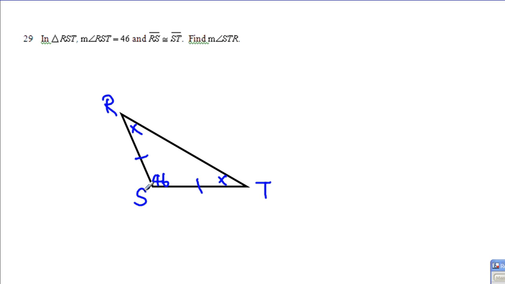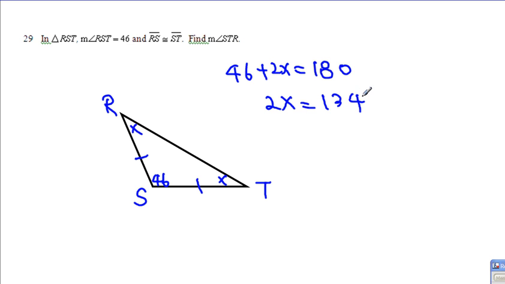That means if this is X, this also must be X too. Find the measure of STR. STR, that means finding the X. Once again we realize that 46 plus 2x must be equal to 180. Now by subtracting 46, we get 2x is equal to 134.